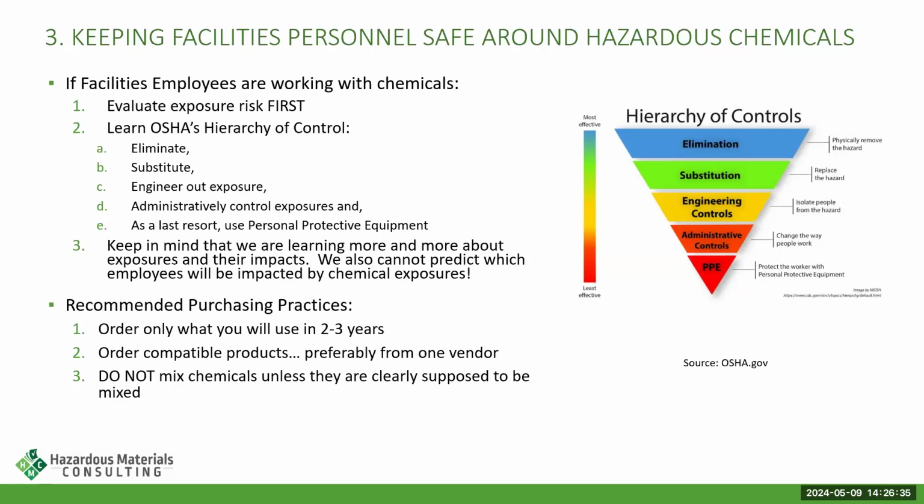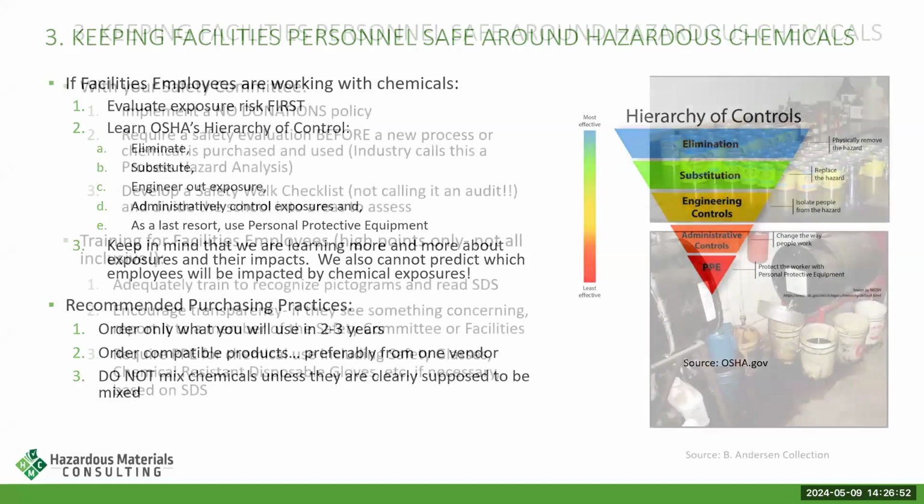The last thing you want to do is have somebody mix something inadvertently and generate a giant gas cloud of bad stuff. And then finally, make sure your staff is trained that they do not mix chemicals unless they are clearly supposed to be mixed. And we've done training and written an SOP on that.